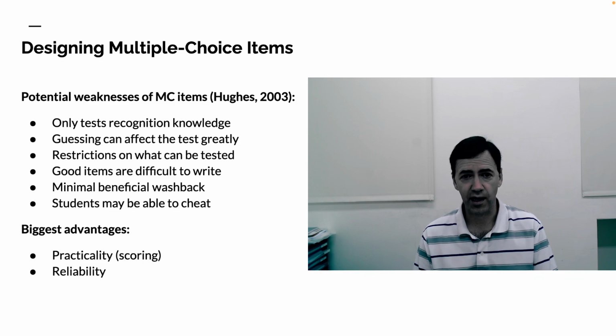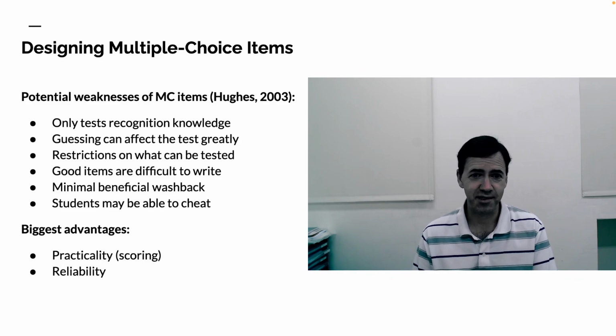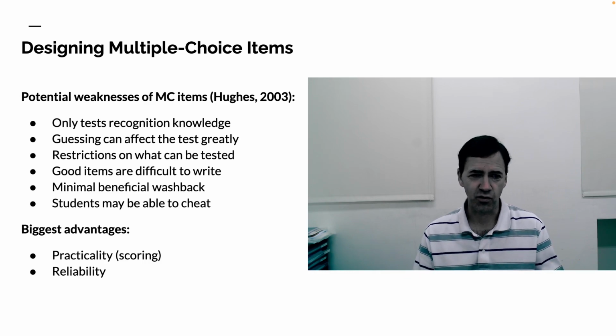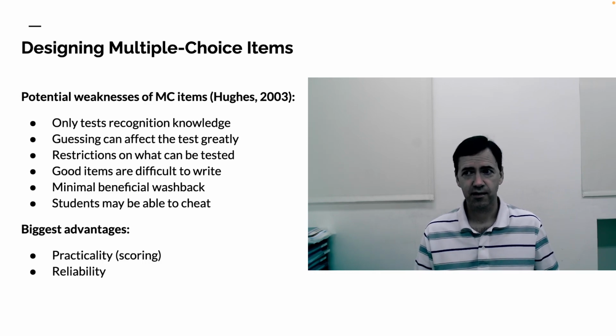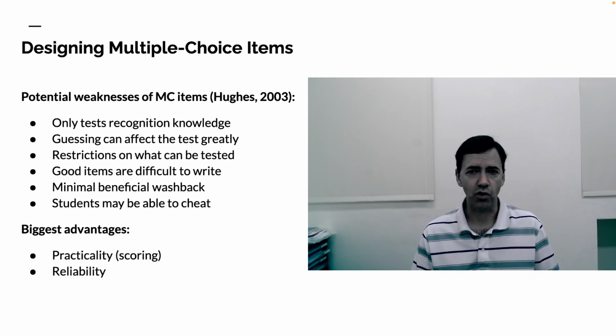Or if you only have 3 options, or God forbid, 2 options, then of course you increase the chance that they can just guess and get it right. So for example, if you do a true-false test, then pretty much the lowest score you can expect is 50%, right? If you do it statistically, the students have a 50% chance of guessing on each one.